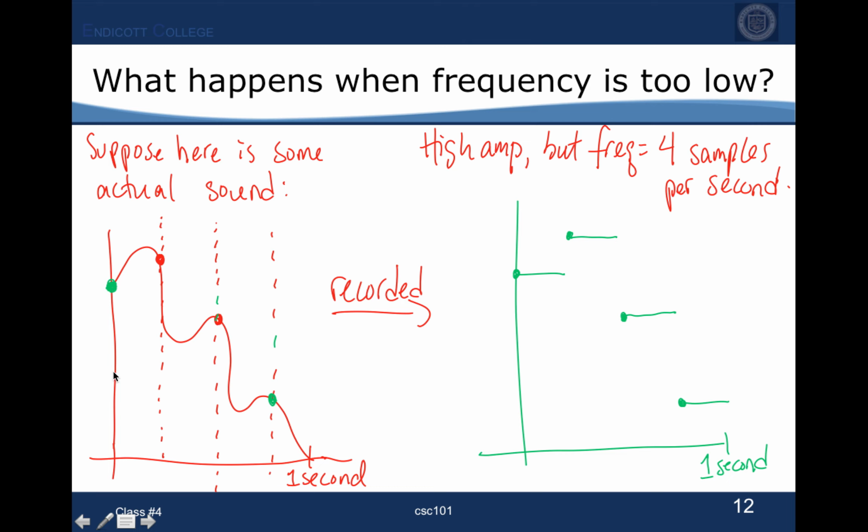So I'm ready. I can distinguish between a lot of different sounds. But if your frequency is low, then all you're ever getting, in this example anyway, is that for a second of real life sound, I'm only getting 4 recordings.